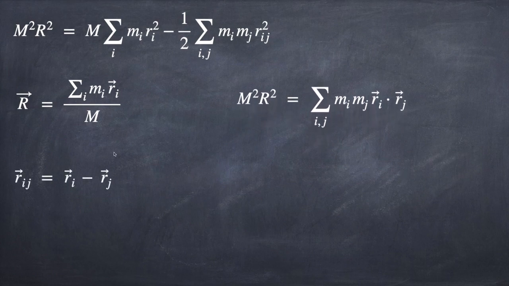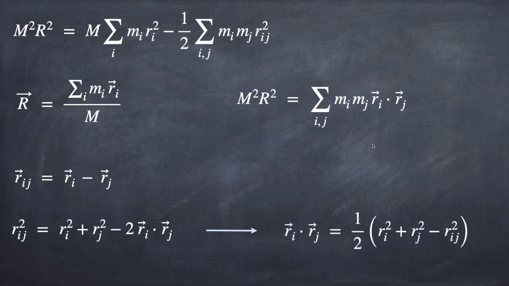Okay, but what is this quantity r_ij? This vector is the difference between r_i and r_j for the particle i and the particle j. So this is the vector r_ij. And if we square this equation, we have the quantity that we are looking for here, r_ij squared, and it is going to be r_i squared plus r_j squared minus 2 times r_i dot r_j.